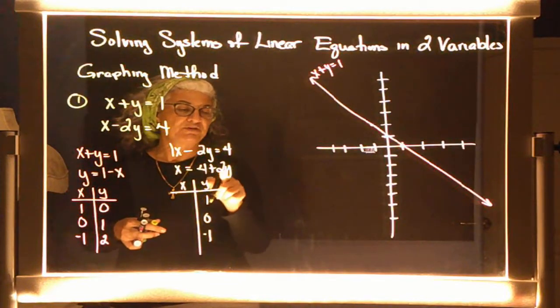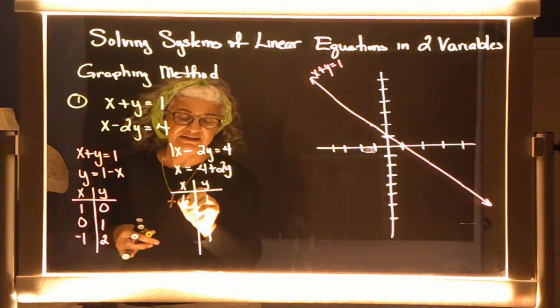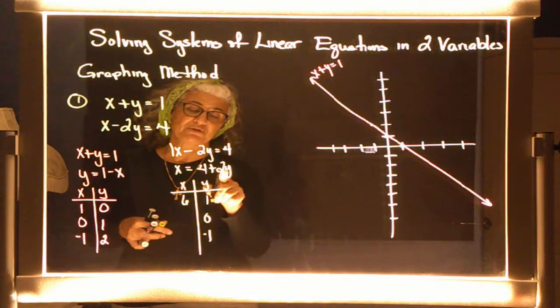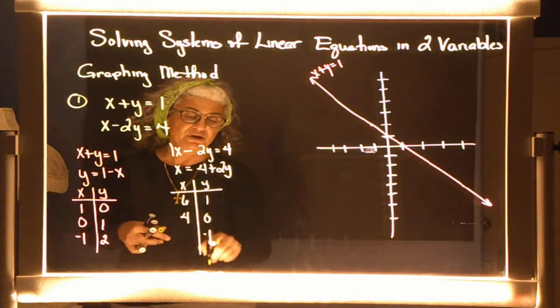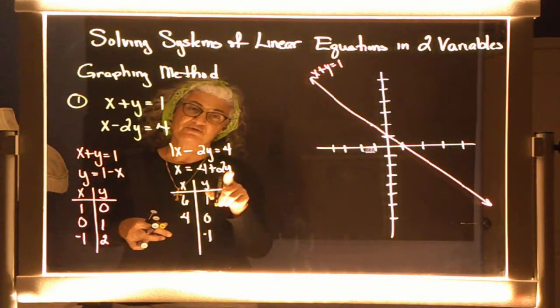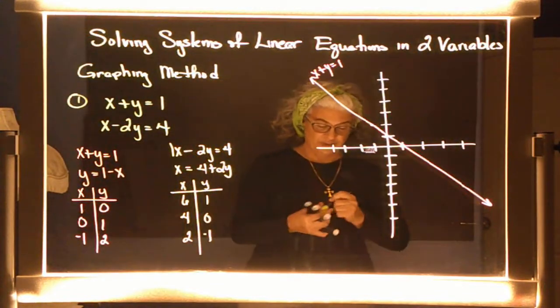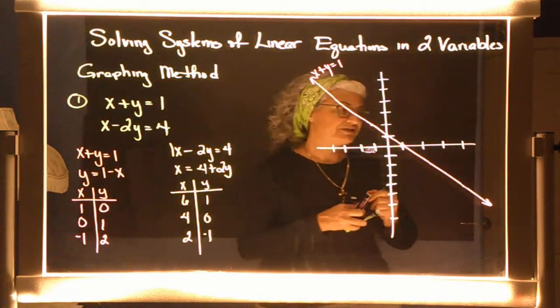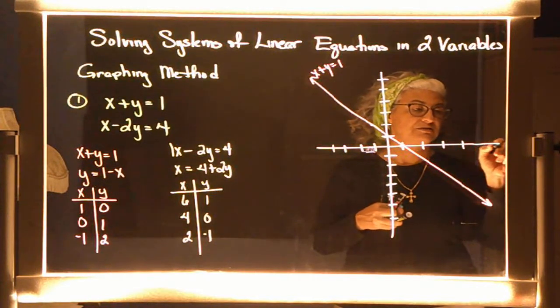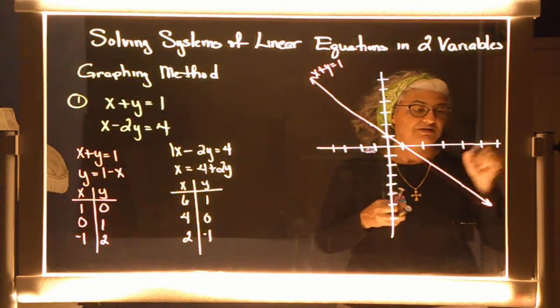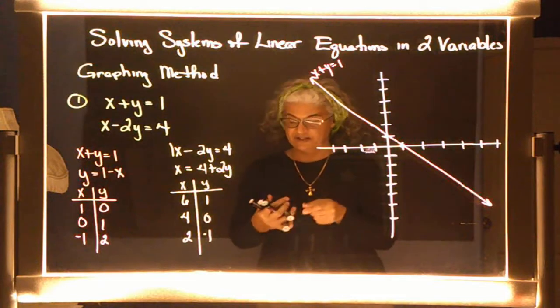So when I plug in 1 for y, we get 6. When I plug in 0 for the y, we get 4. When I plug in negative 1 for the y, we get 2. So let's look at the points. I think I'm going to have to extend this out a little bit. Hopefully that's even enough.